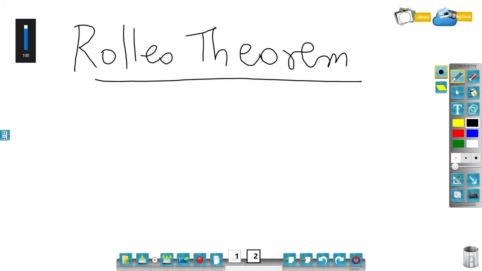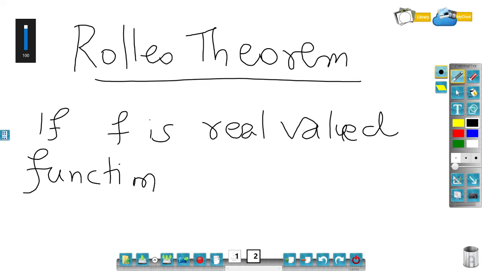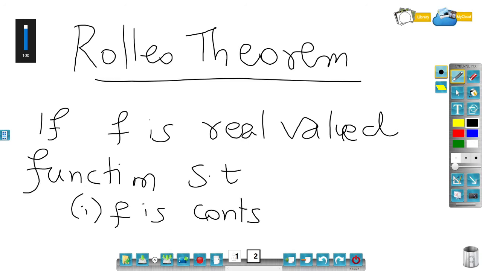If we have a function f, a real valued function, such that number one, f is continuous on the closed interval [a, b].